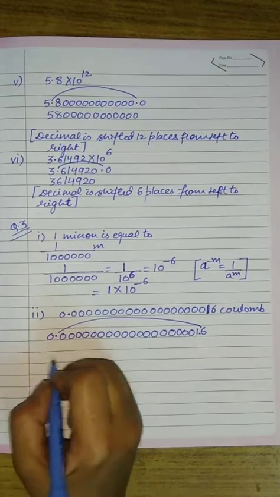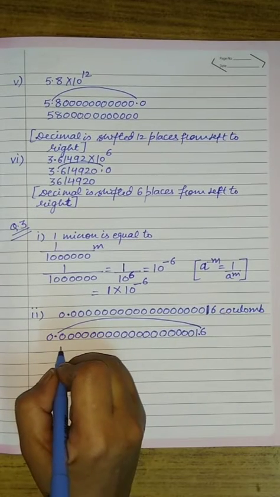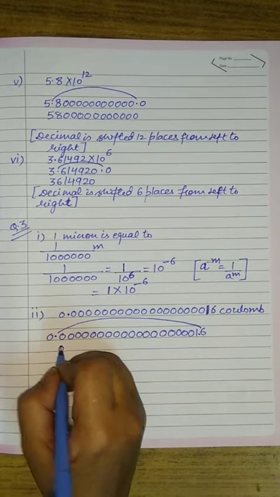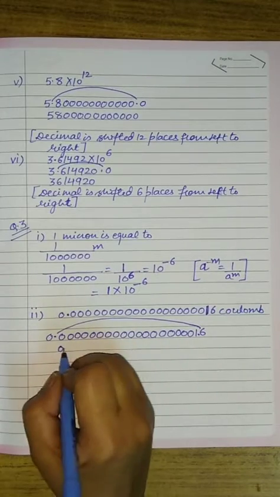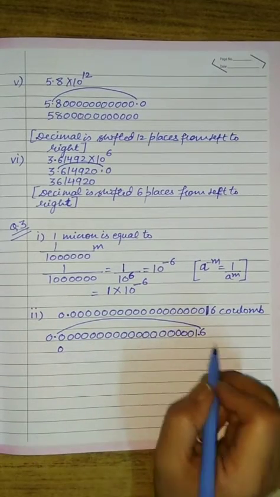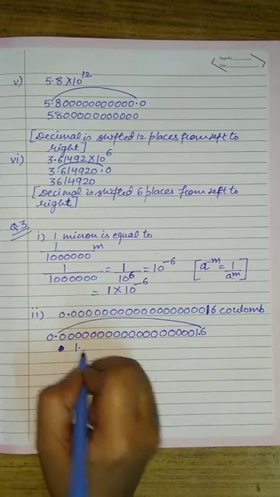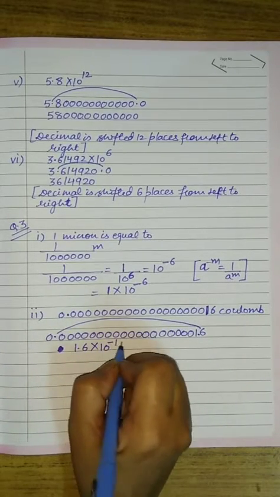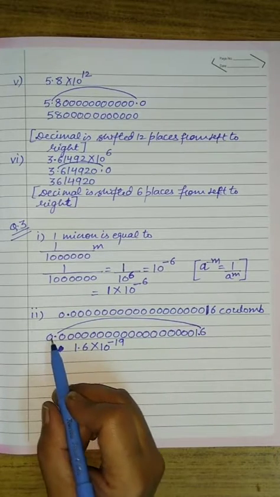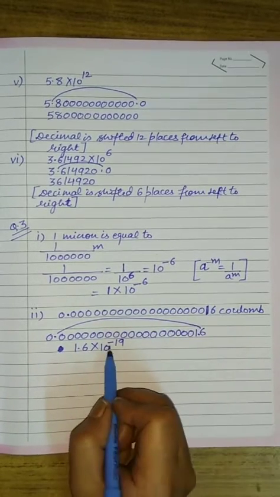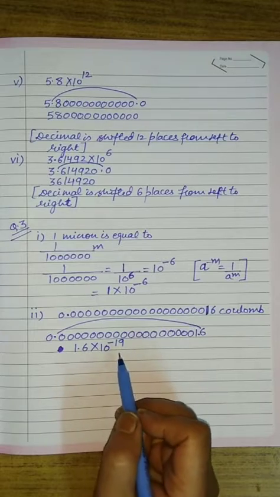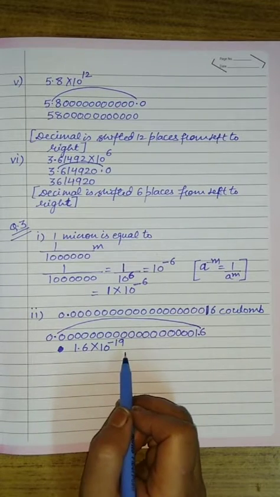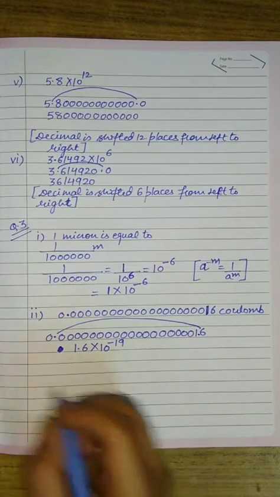So our answer is 1.6 into 10 raised to power minus 19, because the decimal is shifted from left to right, so the power will become negative.